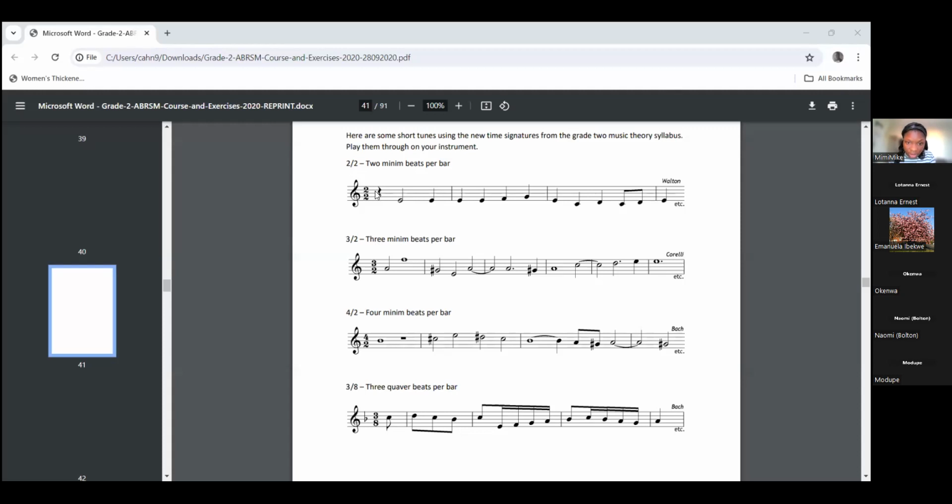If you count the whole of the first bar, how many minims do we have there? We have the time signature 2/2, which means 2 minim beats per bar. Do we think this first bar is complete?